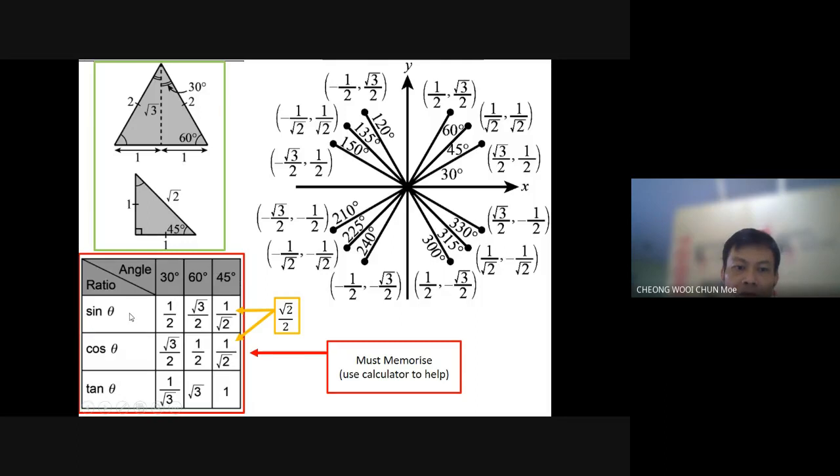If you look clearly, the sine and cos of 30 and 60 are well connected. Okay, sine 30 degree, 1 over 2, is equivalent to cos 60, while sine 60 is equivalent to cos 30. You see, sine and cos 45 degree are the same.